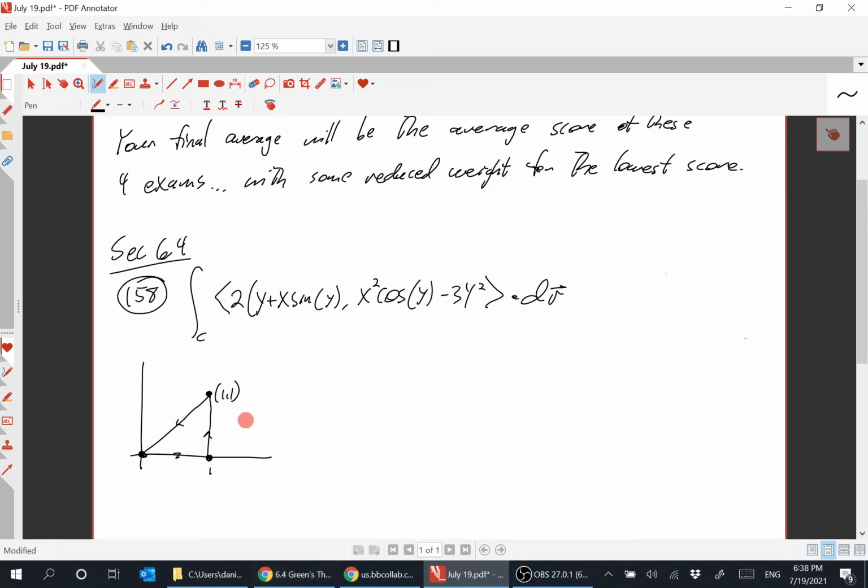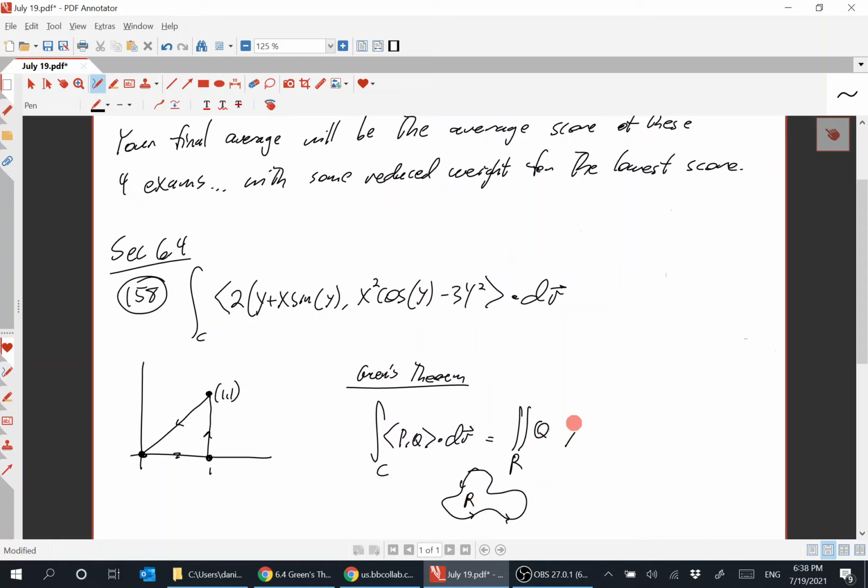Okay, so remember Green's theorem: the integral of F dot dr, well, let me write it as (P, Q) dot dr over C, where C is a simple closed curve oriented counterclockwise, is equal to the double integral over R, which is the inside of C, of Qx minus Py dA.